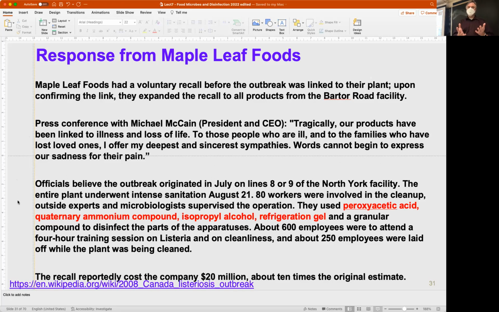Okay, and this is the response from Maple Leaf Foods. They had a voluntary recall of the food products, and they identified the Barter Road factory. That was the place it came from. I'm just going to move this aside so I can see.